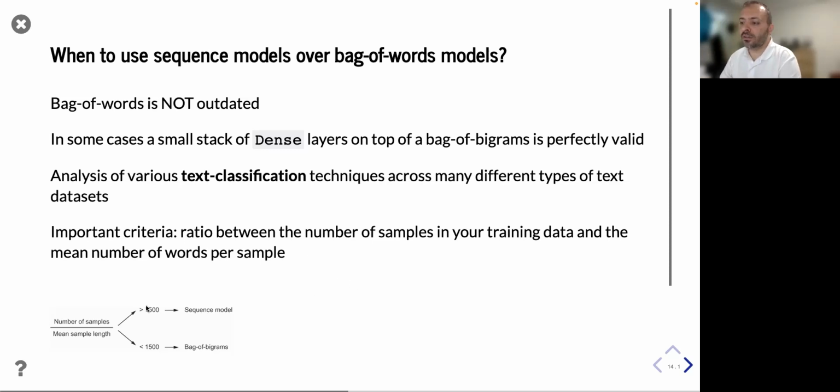So here's the rule of thumb. If you get this ratio of number of samples for your dataset divided by the mean sample length, and it's a number larger than 1,500, then you should probably use a sequence model, like the transformer, for example, or the recurrent networks. If it's less than 1,500, then maybe you should go for a bag of bigrams approach, like the one we did here.